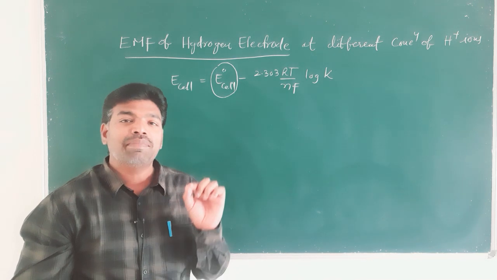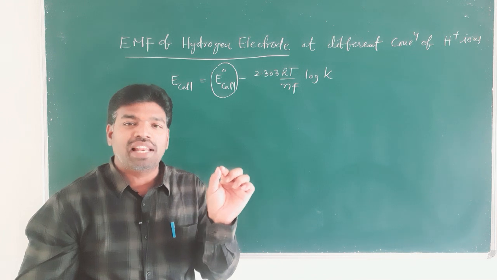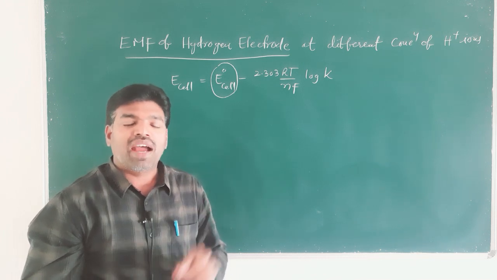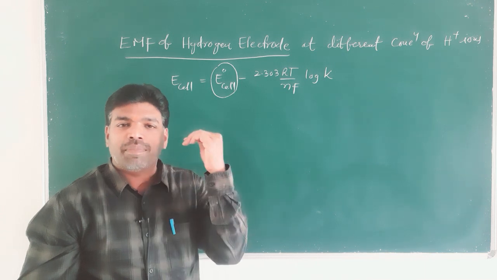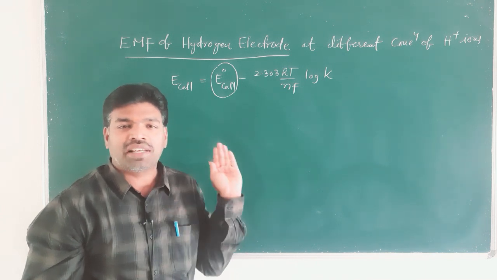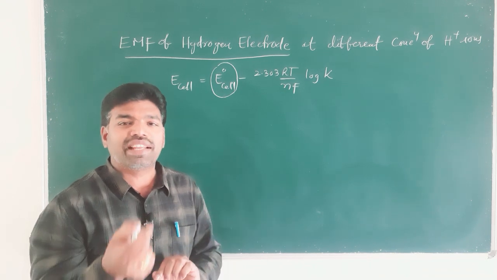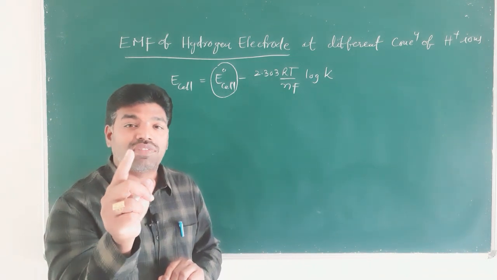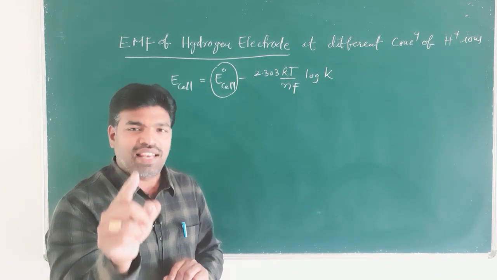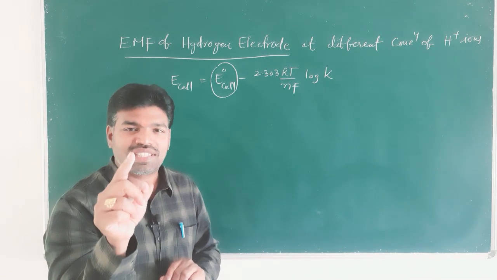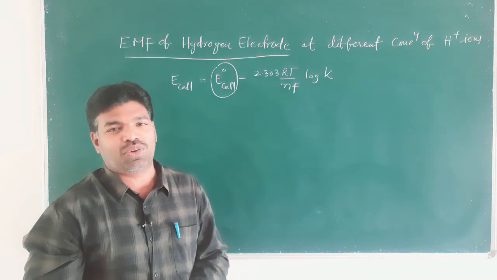In measuring the EMF of a cell, we place the hydrogen electrode as an anode, whose potential is 0, and we subtract the potential of the hydrogen electrode, that is 0, from the potential of that electrode. Finally we get the EMF of the cell, which is equal to the potential of that electrode.